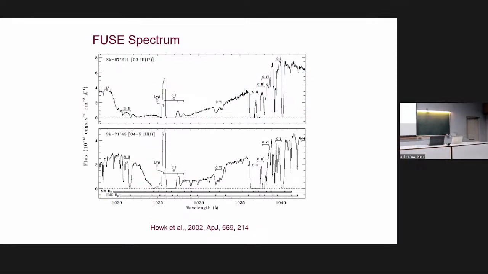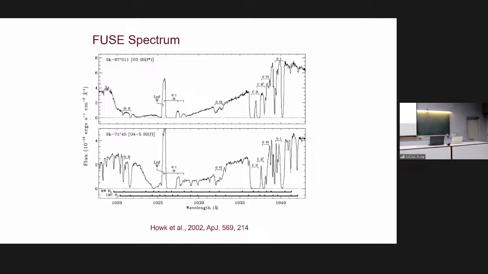FUSE actually measures the far UV, the very far UV, and we get this kind of spectrum. So we have a background source in the Large Magellanic Cloud, which is a neighboring galaxy to ours. We are looking at that particular source, and then we get absorption lines.